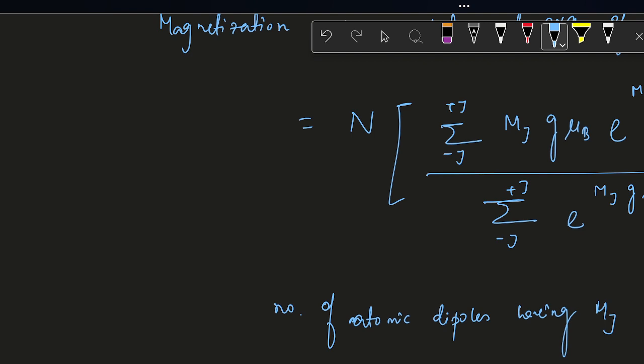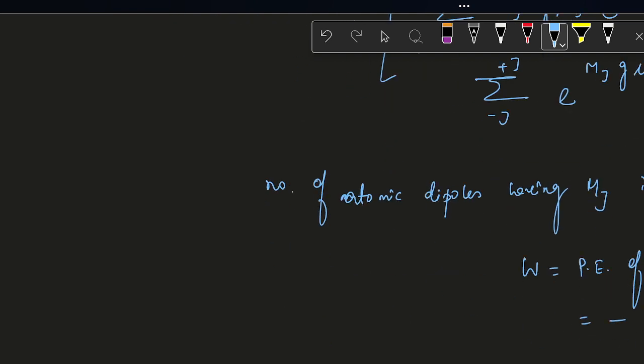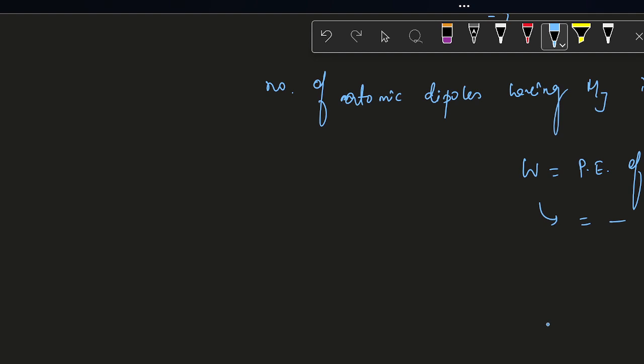And in this case your W is the potential energy of the magnetic dipoles, which has the expression minus mj g mu B B. Why these terms are defined like that, you can look up in any textbook or lecture, because that is not the main point. I'll just show you the derivation, and you can look up the quantum theory of magnetism in any standard magnetism textbook.